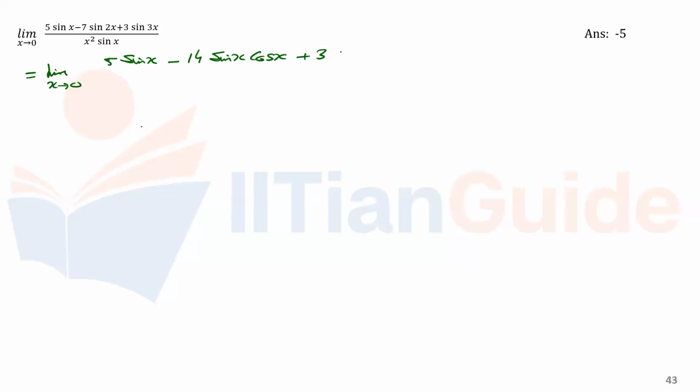I can take sin x common. After that we are left with 3 minus 4 sin square x, divided by x square sin x. We can write this way. Am I right? Jaldi boliye. Yes, sir.